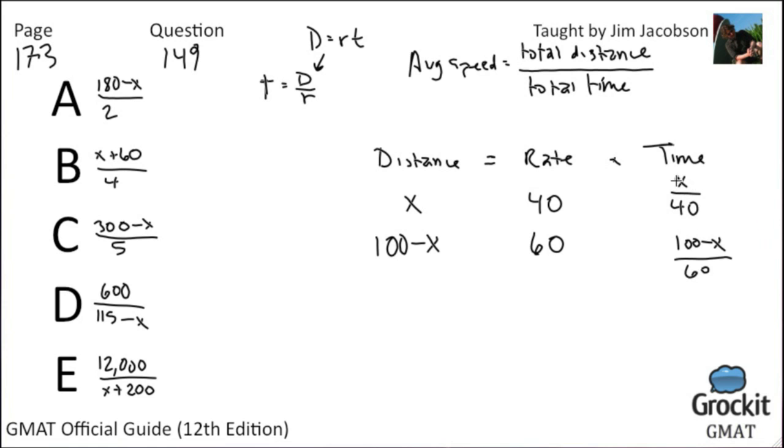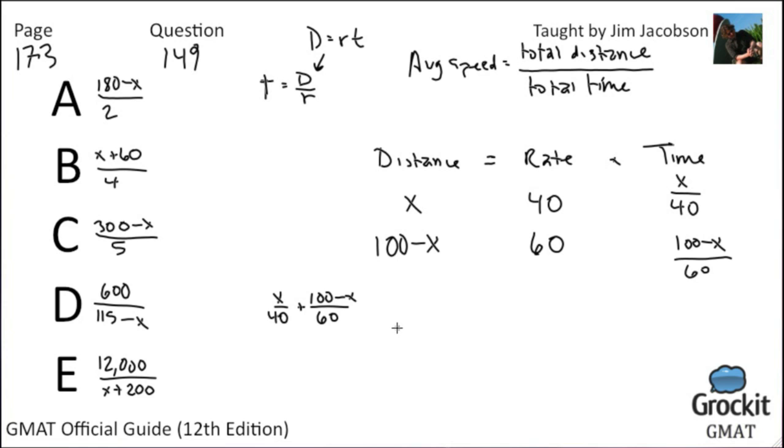We can add together x over 40 plus 100 minus x over 60, because those are the two time values for the two parts of her trip. So x 40ths plus 100 minus x over 60.